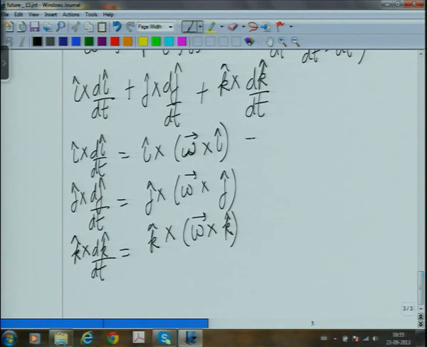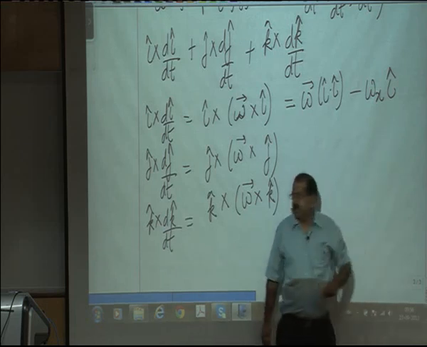And now we use the relation for A cross B cross C. This will be equal to omega times i dot i minus omega dotted with i, which is the x component of omega, times i. So, I am expanding A cross B cross C, which is B times A dotted with C minus B dotted with C times A. Therefore, omega i dot i minus omega x i.